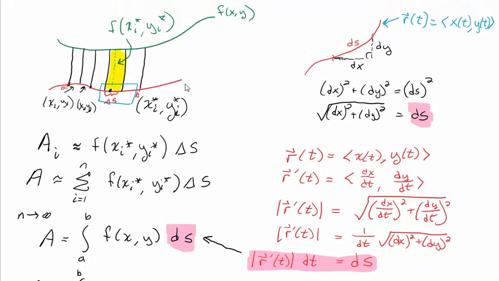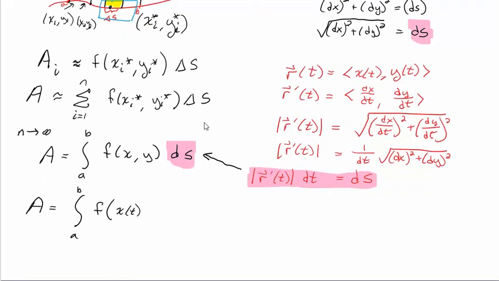If I want to look at a point, say x1, y1, what I really want to know is what value of t will get me to x1, y1. And then I can write the height of this rectangle as f of the x value of that t and the y value of that t.